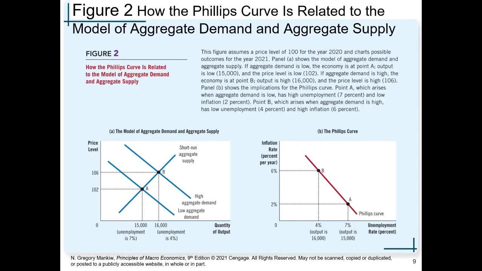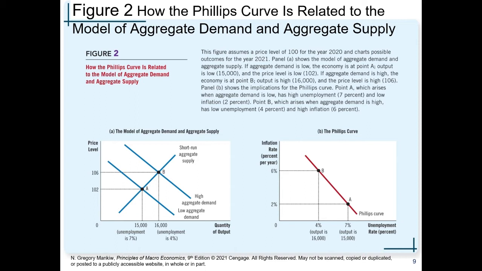So if we look at figure 2 here, let's imagine we are at point A and we increase aggregate demand. We go to point B. On the Phillips curve on the right side, we'll be here at this point and we'll move to point B. So the Phillips curve demonstrates points where the aggregate demand and the short-run aggregate supply intersect.